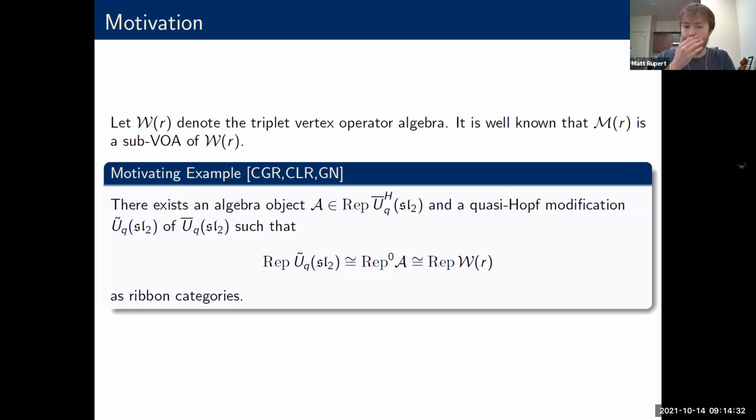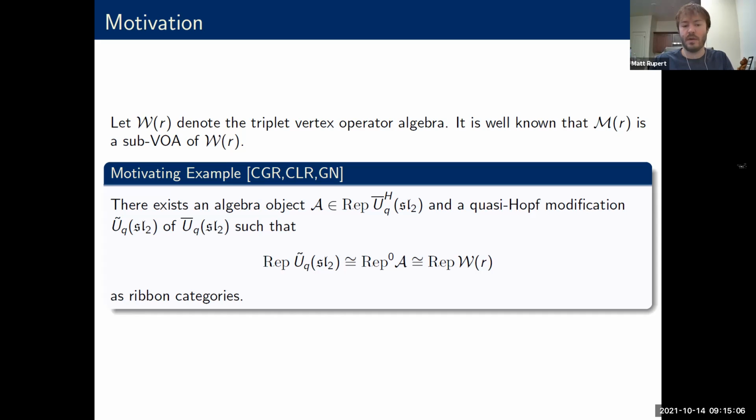So the triplet vertex operator algebra contains the singlet as a sub-VOA. And it turns out that if you assume the conjecture that there is this ribbon equivalence between the category of weight modules for the unrolled quantum group and the singlet, you can actually construct an algebra object whose category of local modules is in fact equivalent to the category of modules of this triplet.